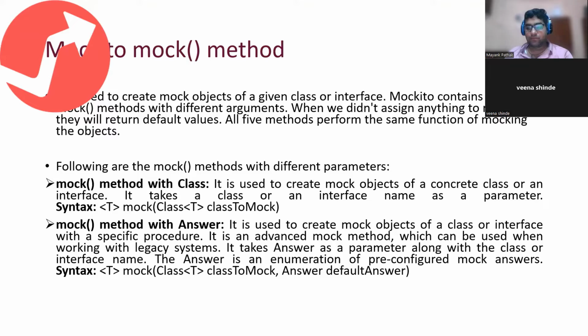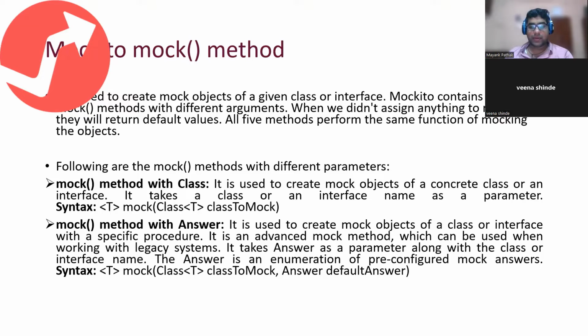Like we have a class X, so we will create a mock object of that class, and its name can be mockX, and that object is basically connecting with that class object, and now we are able to do any test case on the class object.